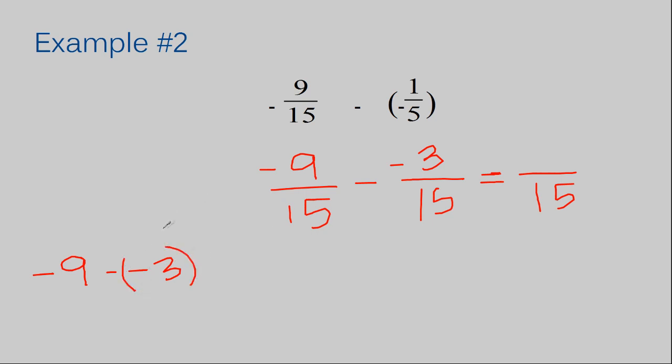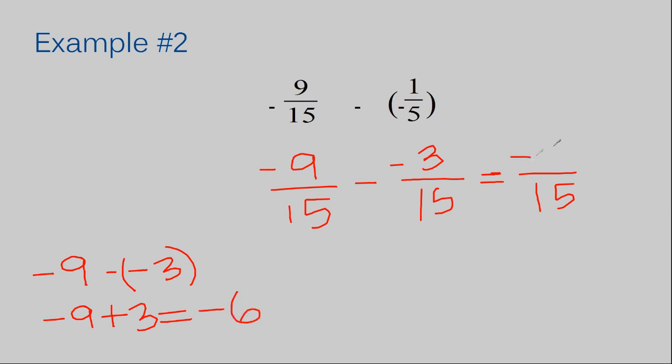If you remember the rules for subtracting integers that I have in that other video, you're going to know that this is the same thing as negative 9 plus 3, which is the same thing as negative 6.